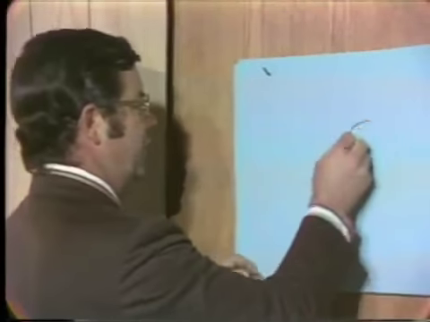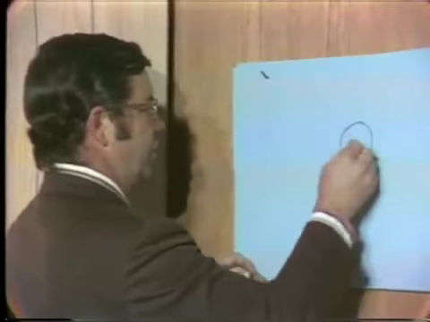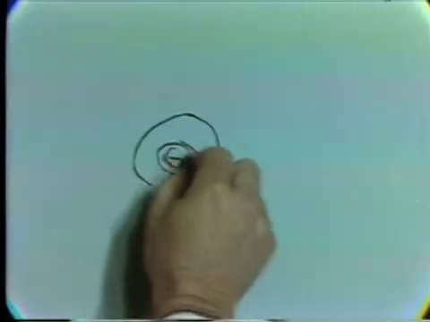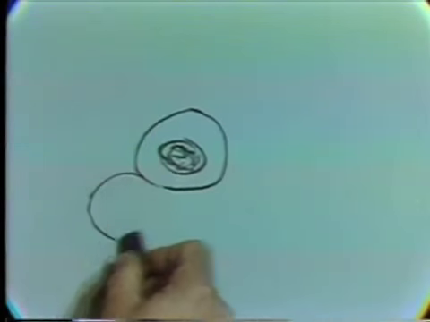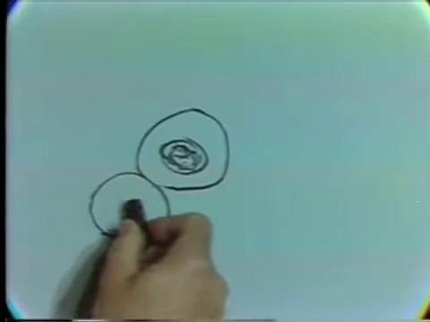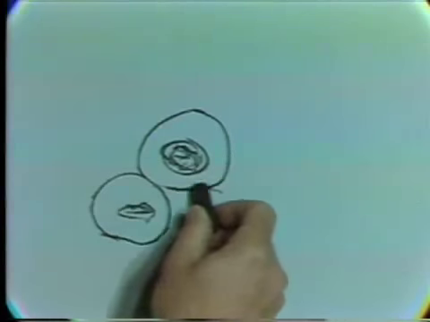Now, cartilage cells are big, rounded cells. Draw the nucleus. And the cytoplasm is full of fat and lipid, and it gets washed out in the preparation of the tissues. Big round cells. Well, let's put a couple cells in here.